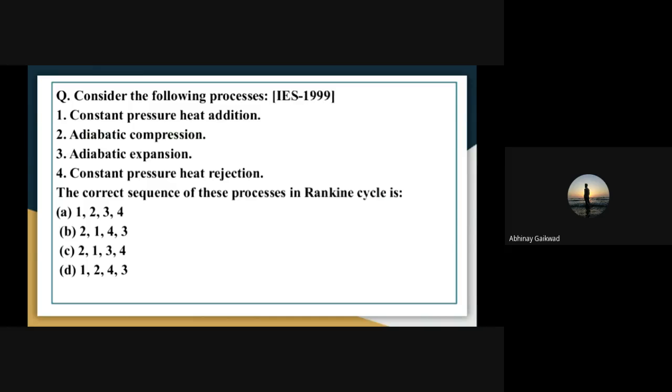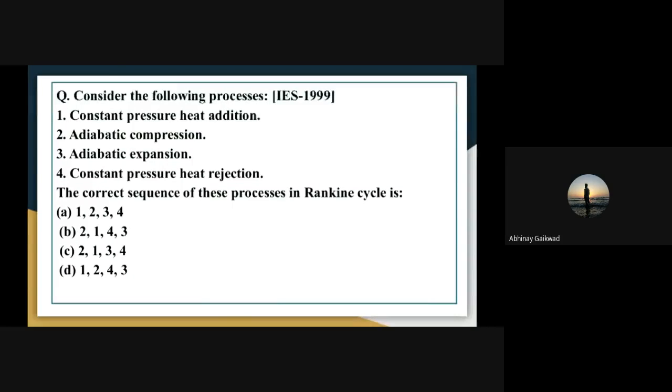Now the second question, asked in IES 1999. I will read the problem statement. Consider the following processes. Process one is constant pressure heat addition. Second is adiabatic compression. Third is adiabatic expansion.